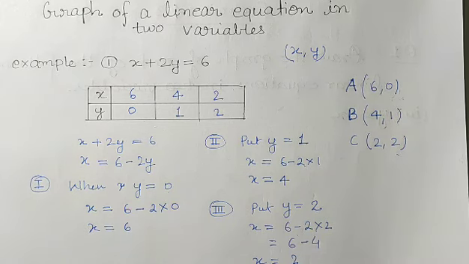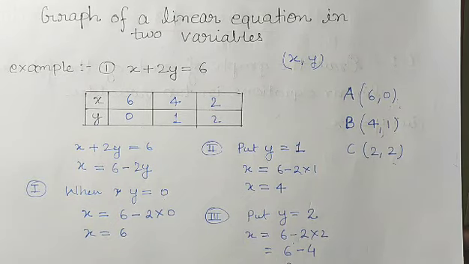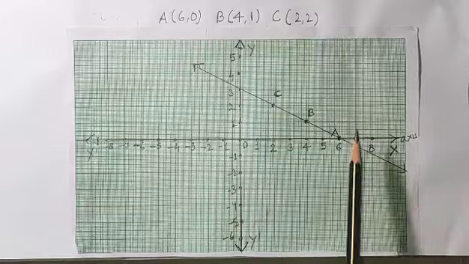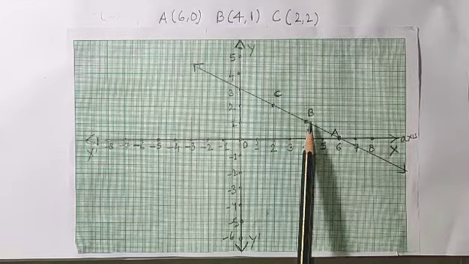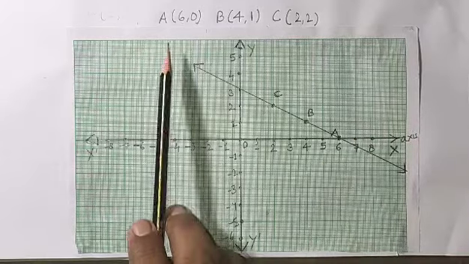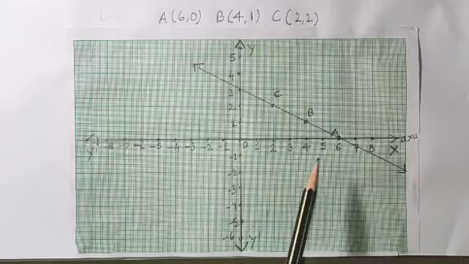Okay, and after that we will show these solutions on the graph like this. You can write the values here also, but here you have written A 6, 0, B 4, 1 and C 2, 2, so it is enough.